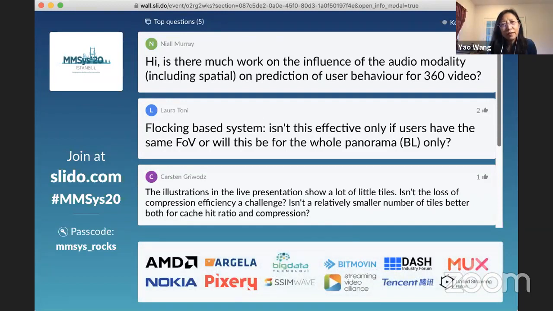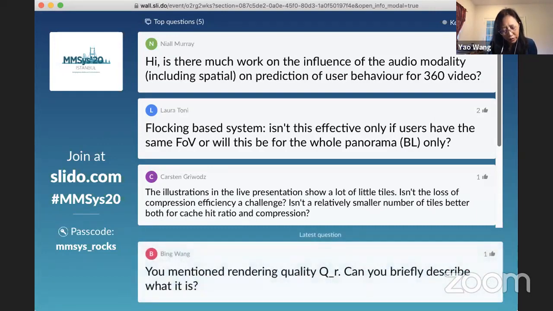I personally am not aware of any, but we did actually think about it when we started looking, though we haven't followed up. I think that'll be a very interesting idea, especially when you have 3D sound in the 360 video, right? It's likely that if you hear an explosion, you would want to turn your head towards where the sound comes from.